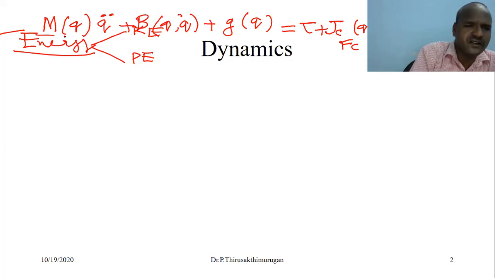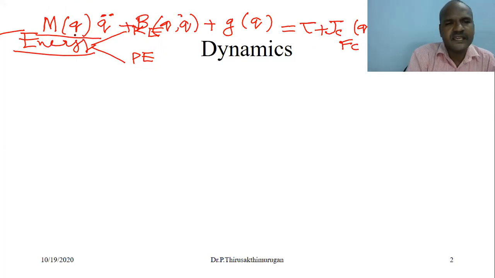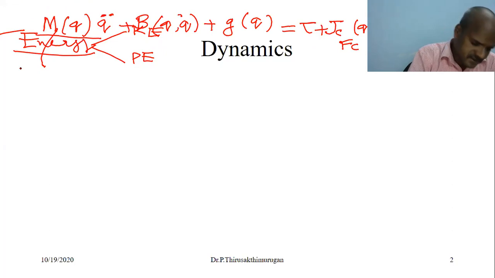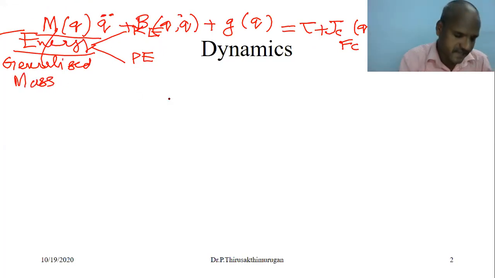These are all in matrix format. So it is the mass of each joint coordinate, the generalized mass coordinates.